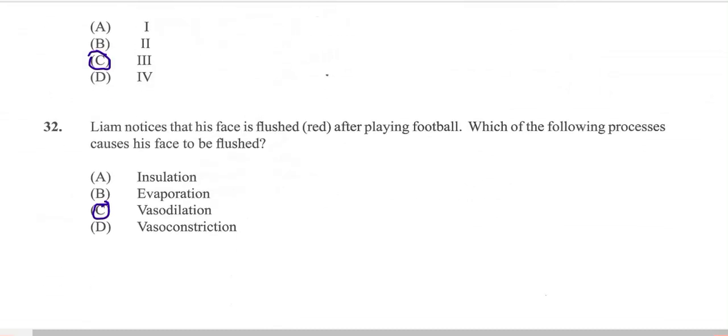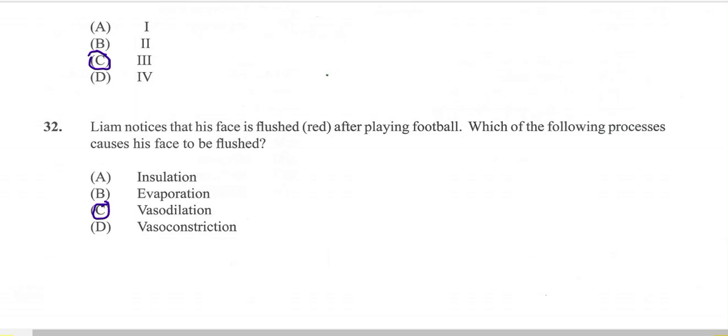Liam, notice that his face is a repeat question from 2015. His face is flush, which means that it is red after playing football. Which of the following processes cause his face to be flushed or to be red? That's going to be vasodilation, and this happens because the blood vessels have become closer to the surface of the skin and they are carrying this blood.